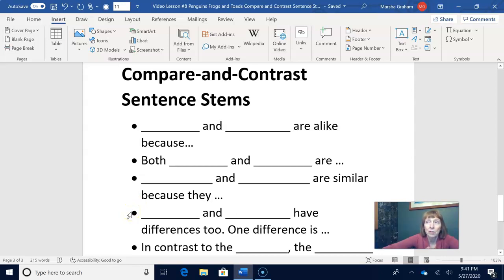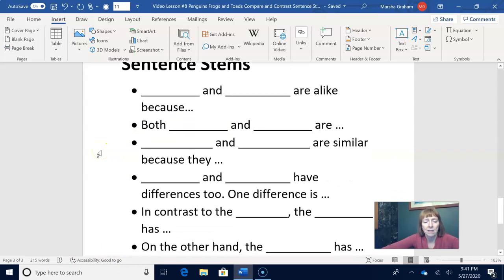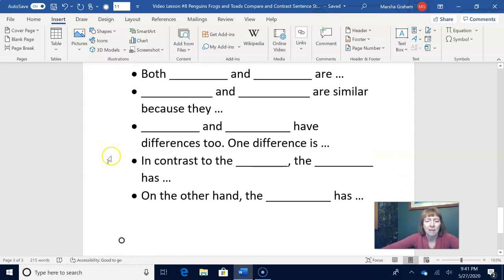Some contrasting statements we could make are, penguins and frogs and toads have differences too. One difference is penguins live in areas that are very cold and frogs and toads do not. Another contrasting statement we could make is frogs and toads live in many places around the world, in contrast to penguins who only live south of the equator.